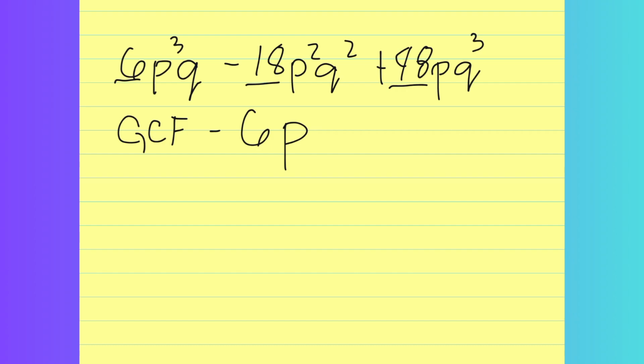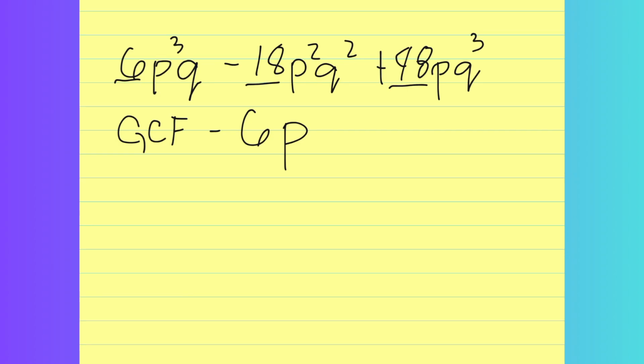What is the smallest exponent of the variable p? So in the first term, we have p cubed. On the second term, we have p squared. And on the third term, we have only p. Therefore, since p raised to 1 is the smallest exponent of p, that is the greatest common factor of p.